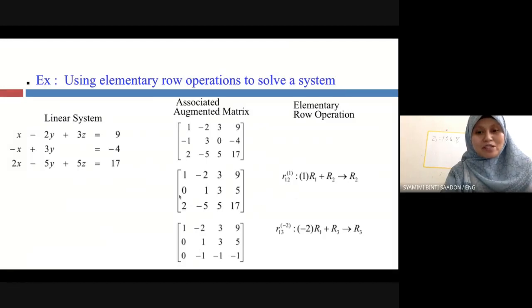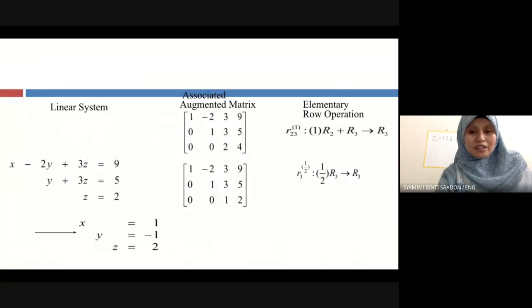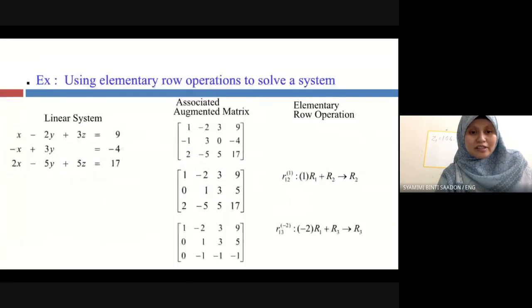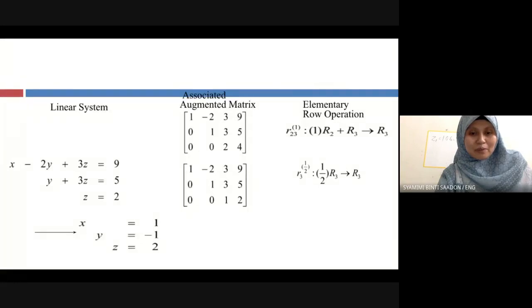For example, this second row, multiply with 1 and add to row 2, and then we will get 0 here, since -1 plus 1 is 0. You do the rest of the rows, and then the same thing for the third row.